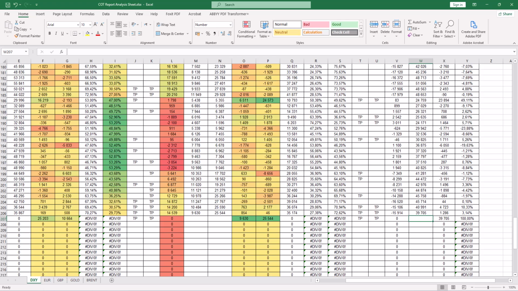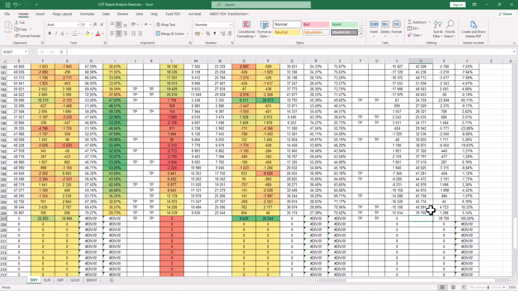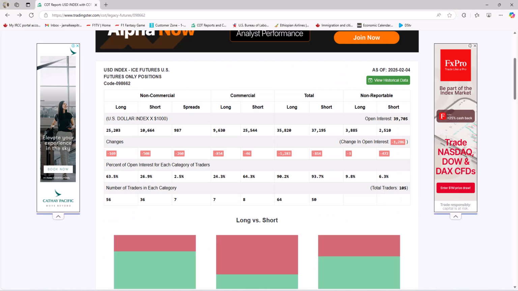Then the other important number we focus on is the open interest, 39,705. Don't tell me that open interest hasn't changed. It did change.